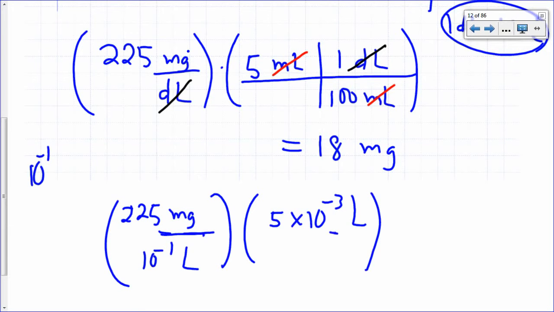Milli means 10 to the negative third. You can cancel liters right away there, and you should get the same answer. So that's going to give you 225 times 5 times 10 to the negative 3 divided by 10 to the negative 1, and that should give you the same answer.